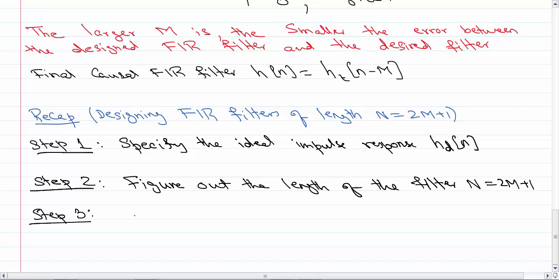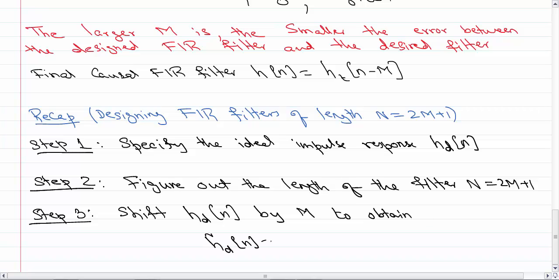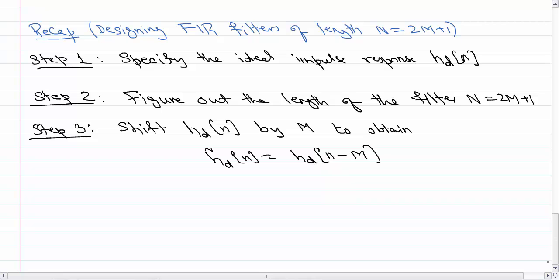Then step 3 is you shift Hd of n by capital M to obtain Hd tilde of n equals Hd of n minus M. You do step 3 because you want causality.